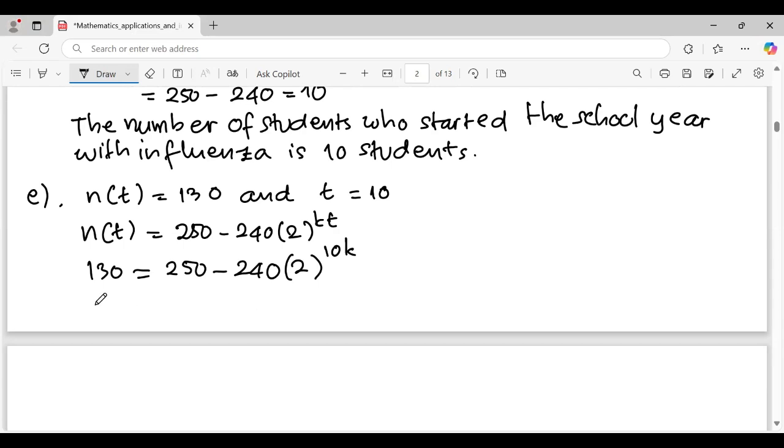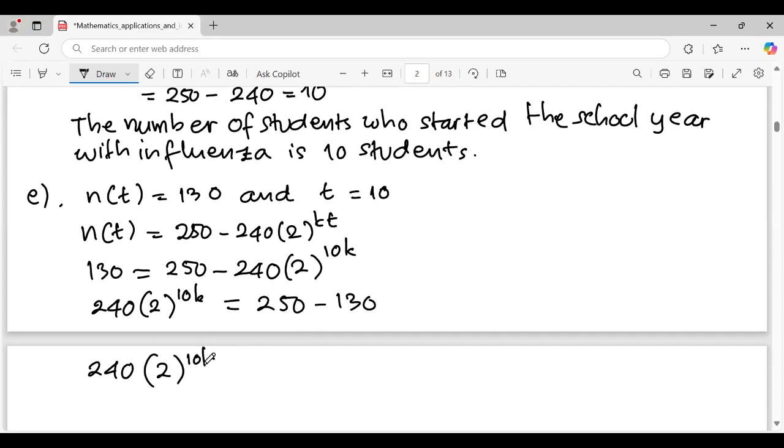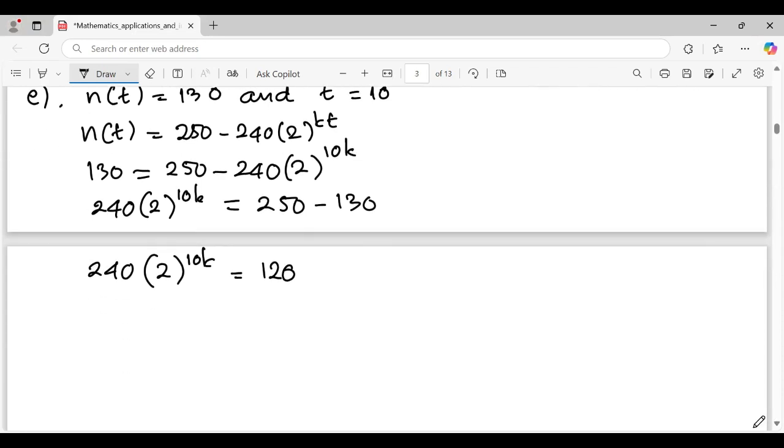After that, we can rearrange this equation: 240 times 2 to the power 10k equals 250 minus 130. If we calculate this, it equals 120. Okay, I need more space.